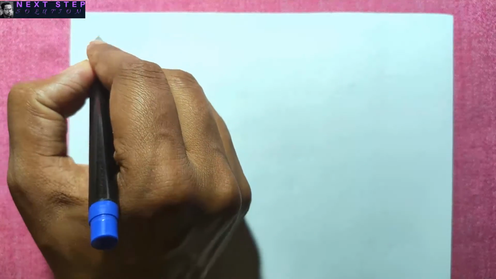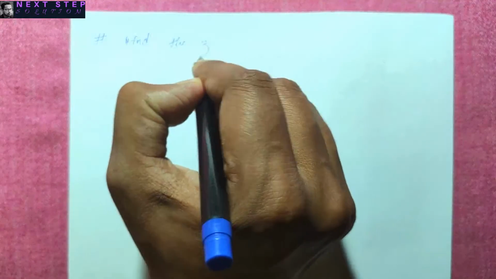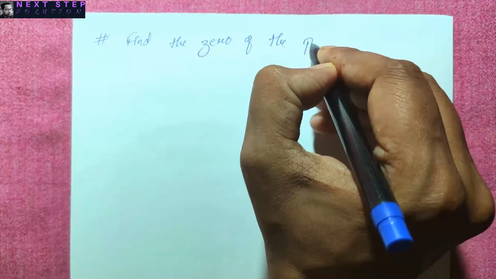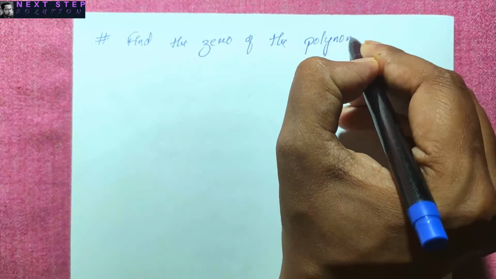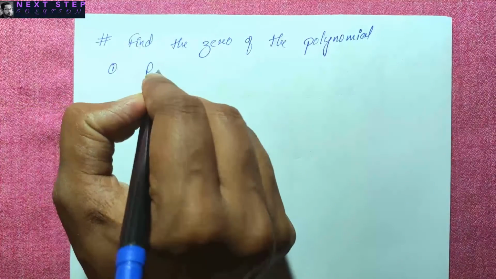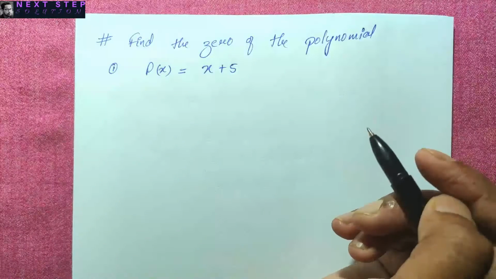Now another type of question we have in this chapter is: find the 0 of the polynomial. Suppose the question is p of x given as x plus 5. You have to find the 0 of this polynomial.